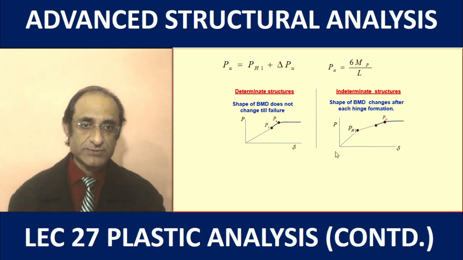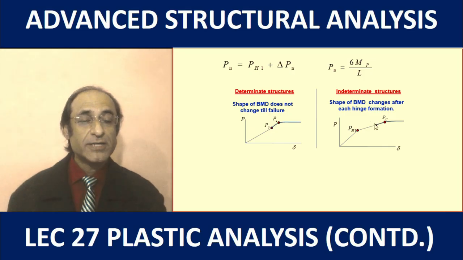It was a propped cantilever, but for the incremental analysis it is a simply supported beam with less stiffness. So it is bilinear in nature, and once the yield point is reached, then the curve is not a straight line, but it starts getting bent, and finally at the ultimate load the deflection is infinite, so we have a straight line.